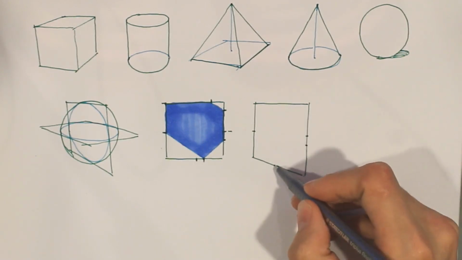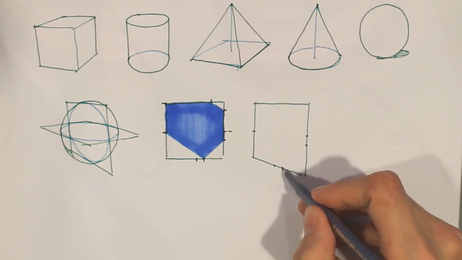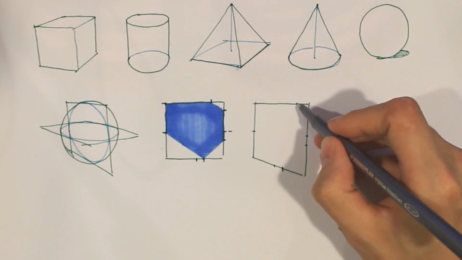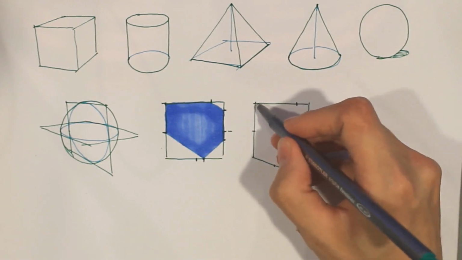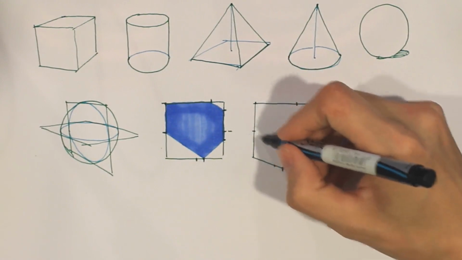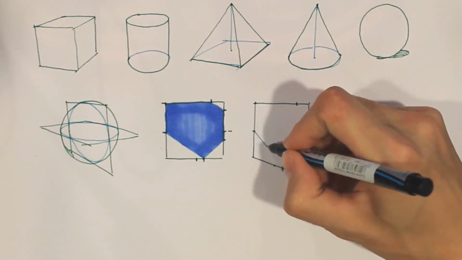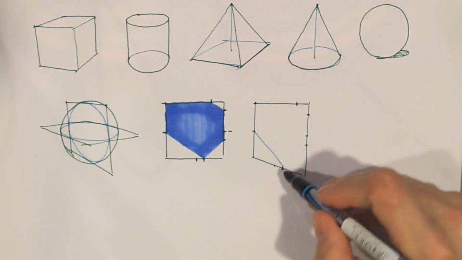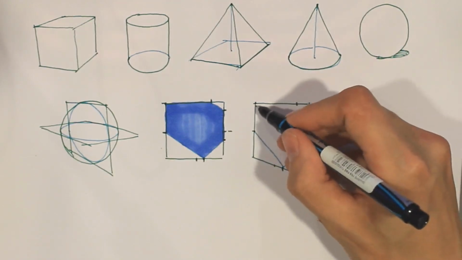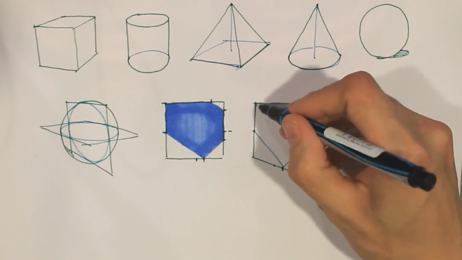The other one's a little bit right of the center point. And this one matches there. So now I can draw in that shape by connecting those vertices together. And now again, this is our flat two-dimensional shape tilted in perspective.